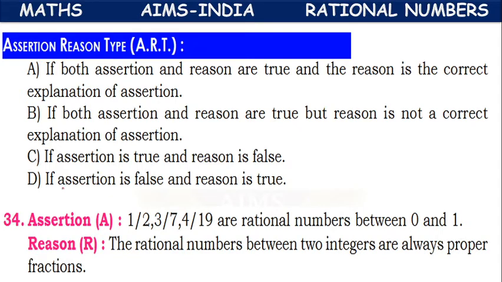Next. 1 by 2, 3 by 7, 4 by 19 are rational numbers lying between 0 and 1. Which rational numbers lie between 0 and 1? In fractions we have proper fractions and improper fractions.